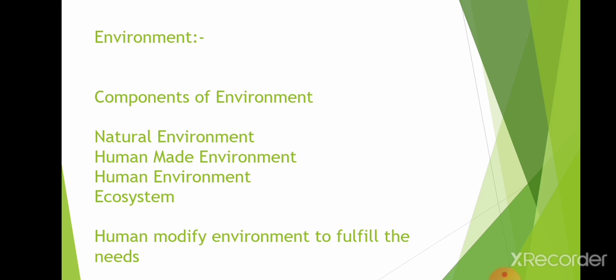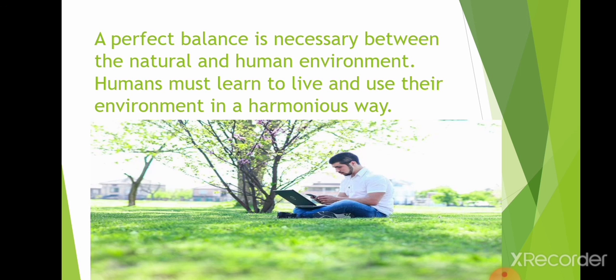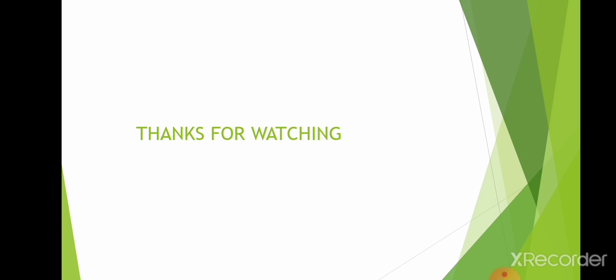We should respect our natural environment and we should protect it. We should make a necessary balance between the natural and human environment, so that we can live happily with it, because we are part of the environment. If we destroy it, definitely we will be destroyed. So that is why we should protect our environment.